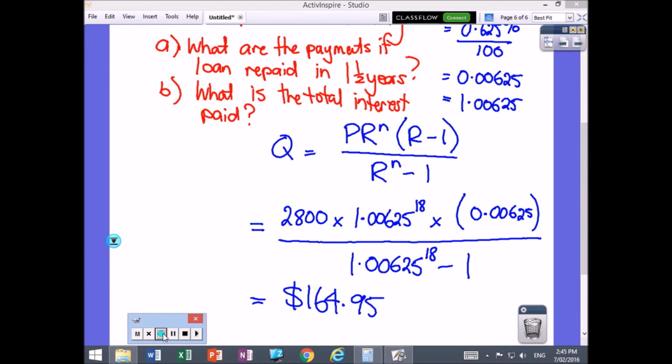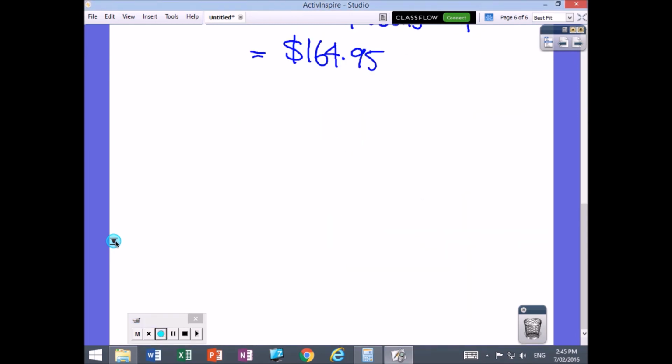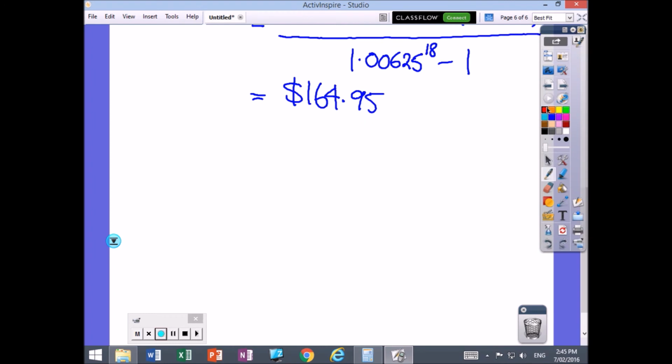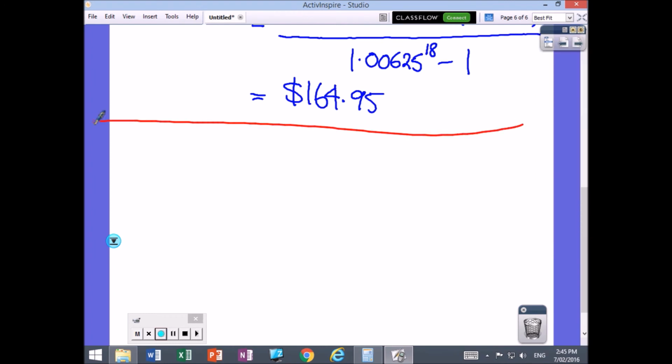But the next part of the question is, how much interest has actually been paid over the time of this loan? Now, if I just do a line across there, how much have they actually paid into the loan? The payment amount and how many payments they made, 18, which equals 2969.10.